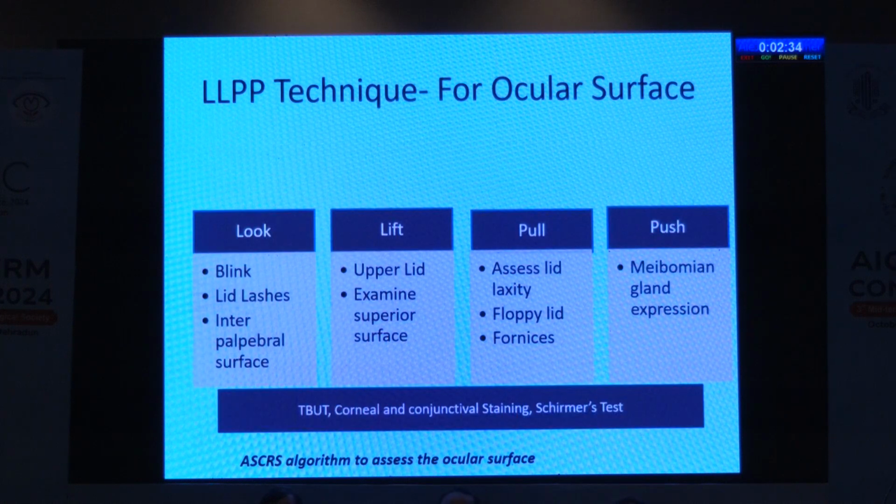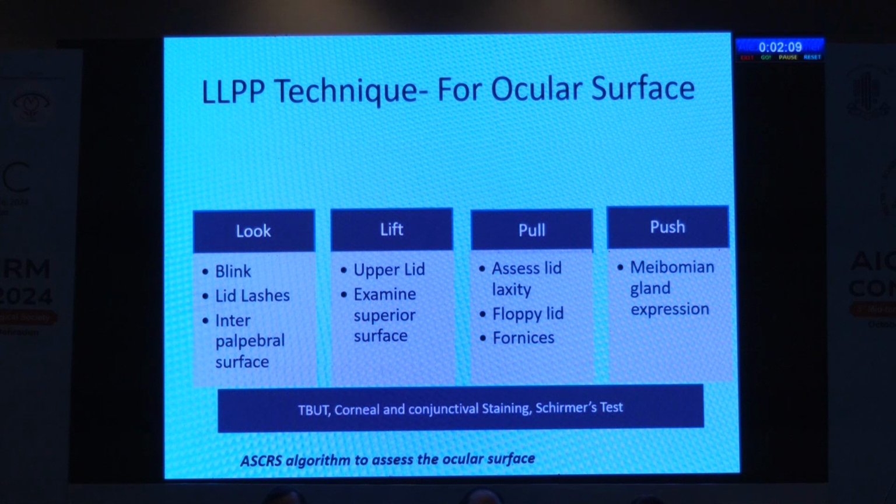This is a very good technique, the LLPP technique for ocular surface analysis. L is for look: look for the blink rate, the lid lash positions and health of the lid lashes, then the interpalpebral surface. Then lift: by lifting the upper lid, you examine the position of the palpebral and bulbar conjunctiva and superior limbus.